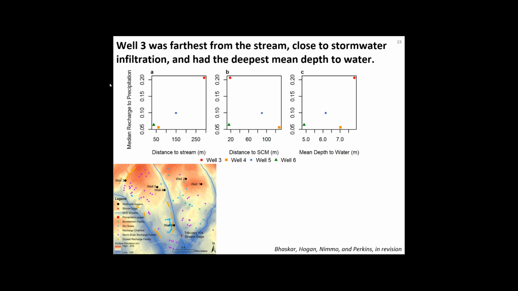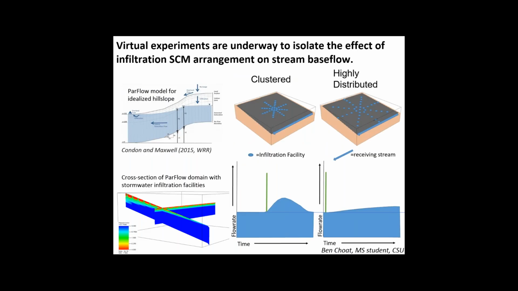This is some work being carried out by a master's student, Ben Schode at CSU, who's looking at virtual experiments using ParFlow for a more idealized situation to look at the effect of infiltration facility arrangement.